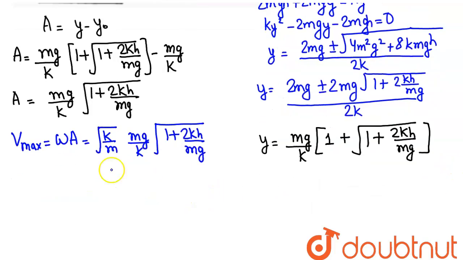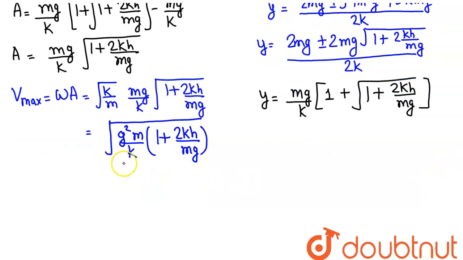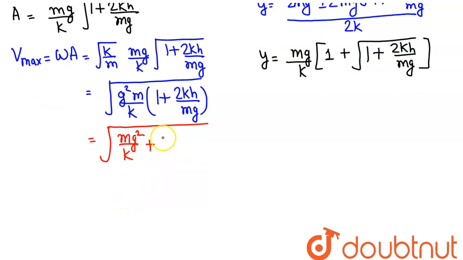So this simplifies as root k by m goes inside the root, so this becomes root under g square into m upon k into 1 plus 2kh divided by mg. On opening the brackets, this becomes mg square upon k plus, k and k cancel, mg cancels, so plus 2gh.